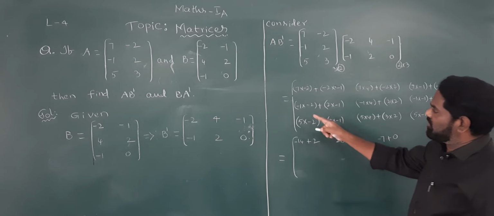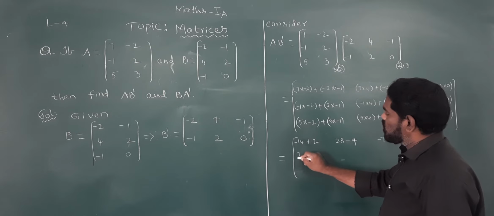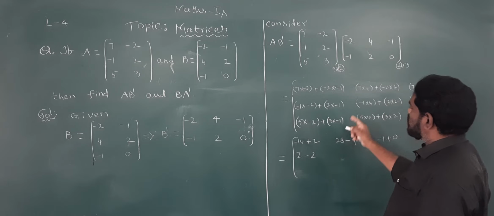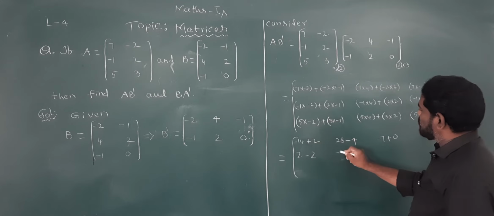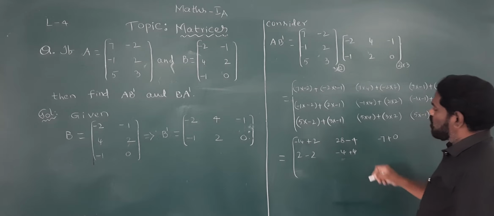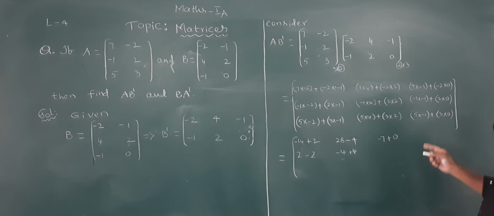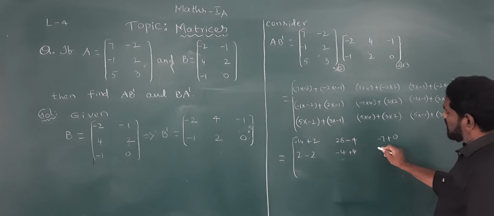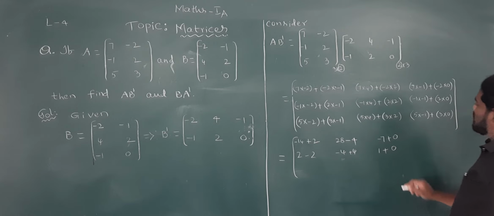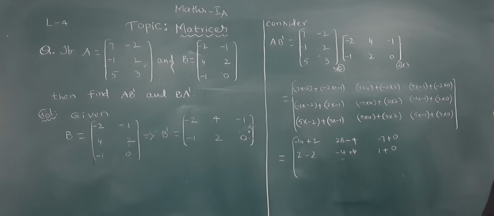Next, -1 into -2 is 2, minus 2. Here, -4 plus 4. Here, 1, -1 into 1, 1 plus 0.